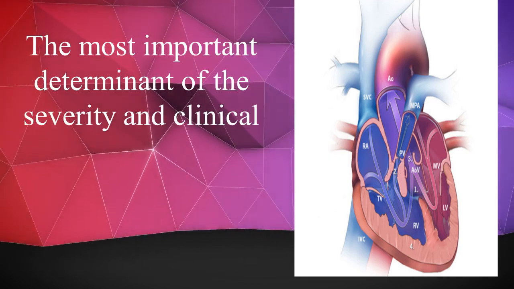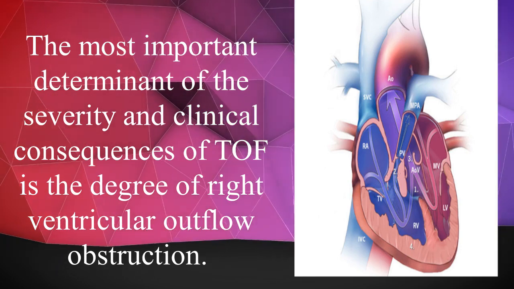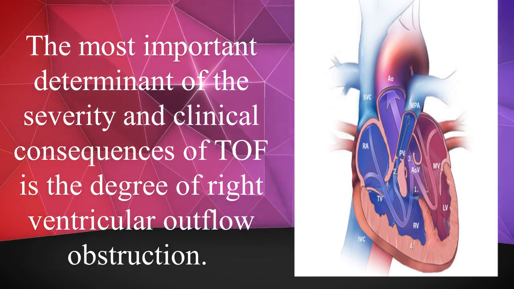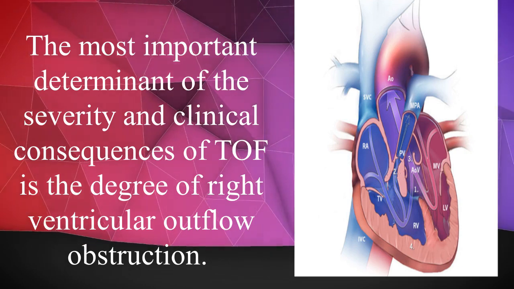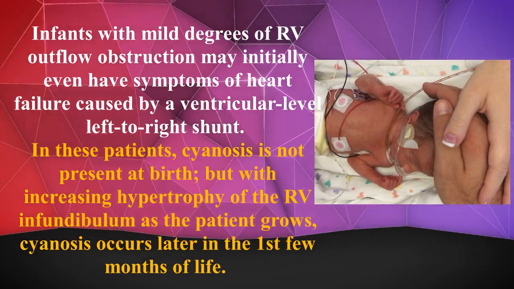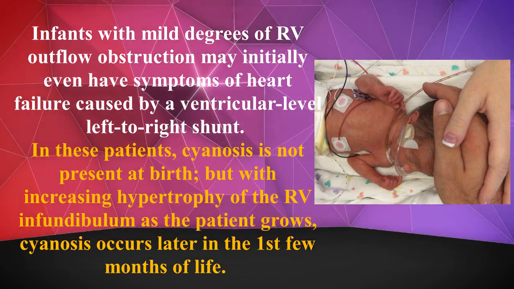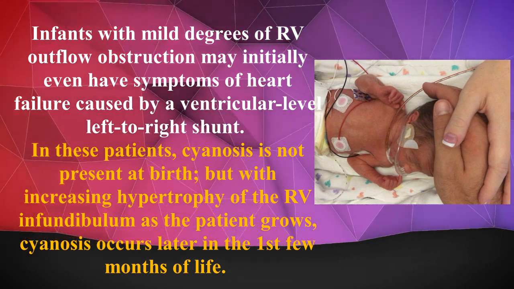The most important determinant of the severity and clinical consequences of TOF is the degree of right ventricular outflow obstruction. Infants with mild degrees of RV outflow obstruction may initially even have symptoms of heart failure caused by a ventricular level left-to-right shunt.